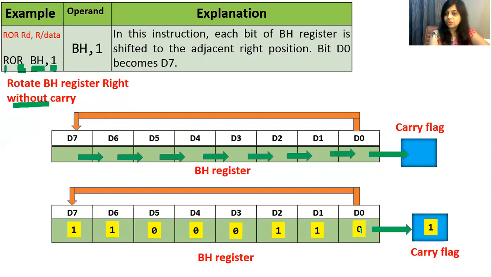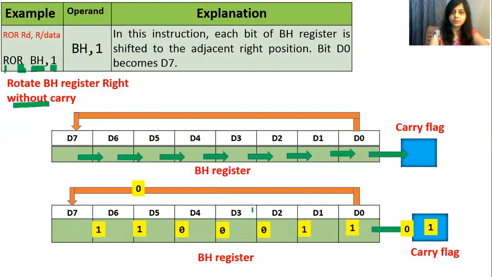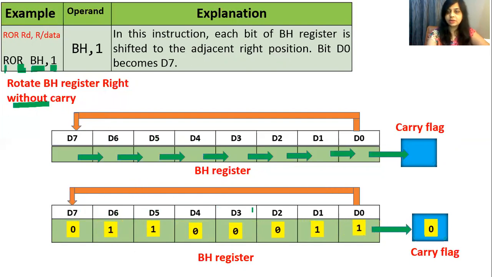This D0 is 0, so 0 will enter into carry flag and the same 0 will also enter in D7 bit position, and other bits will also rotate towards right. So let's see how it is taking place. One more time, see carefully how bits are rotating towards right by 1 bit position.